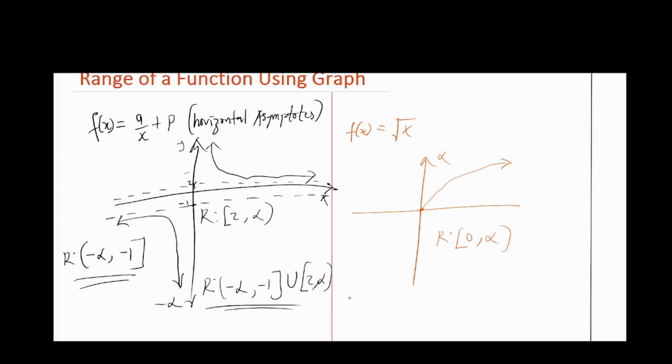Now, for practice sake, you can pause the video and try this. If f(x) is equal to -5x plus root x, find the range.